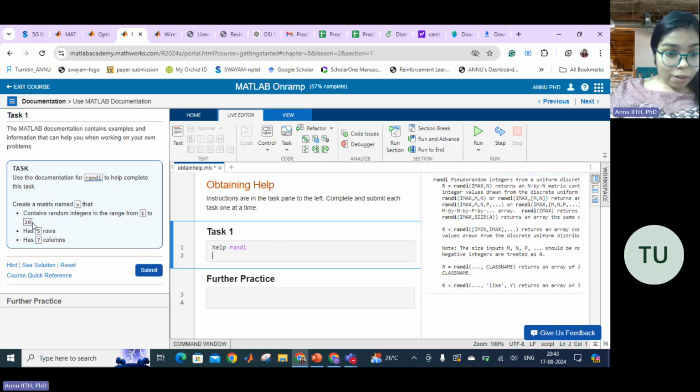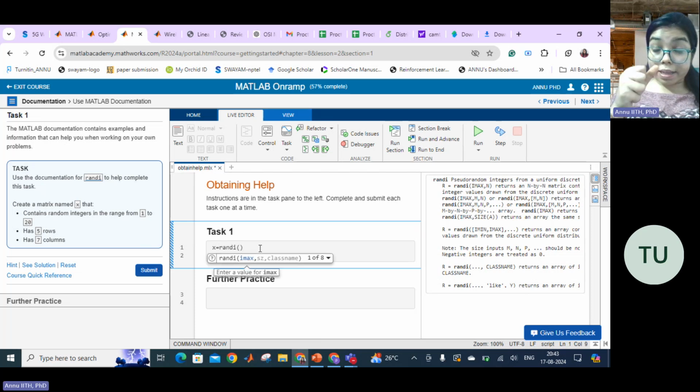Now what it is asking: create a matrix named X that contains random integers in the range from 1 to 20 and has 5 rows and 7 columns. So we write X equals RANDI. Here we are seeing the distribution use cases in MATLAB.